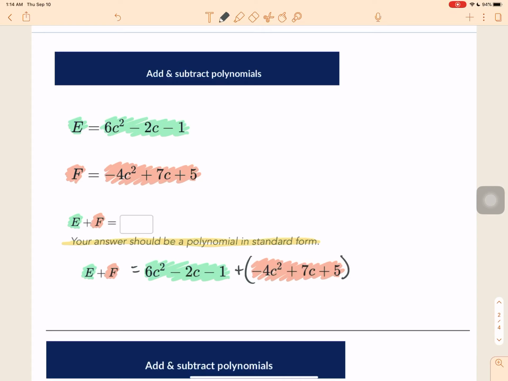And technically, you could look at this as having to distribute this positive into each one.